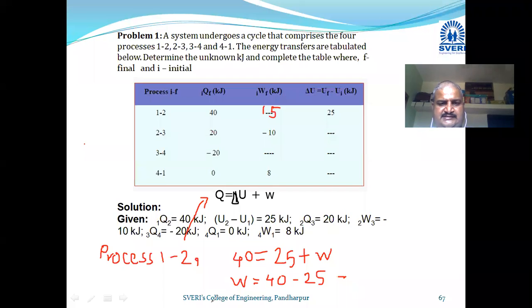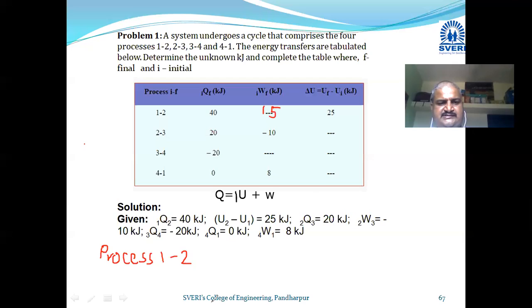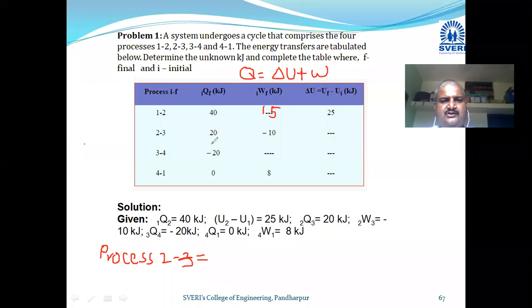Okay. So let us try to solve this process 2 to 3. Now here also the formula is the same. The formula is Q is equal to delta U plus W. What is the Q in a 2 to 3 process?